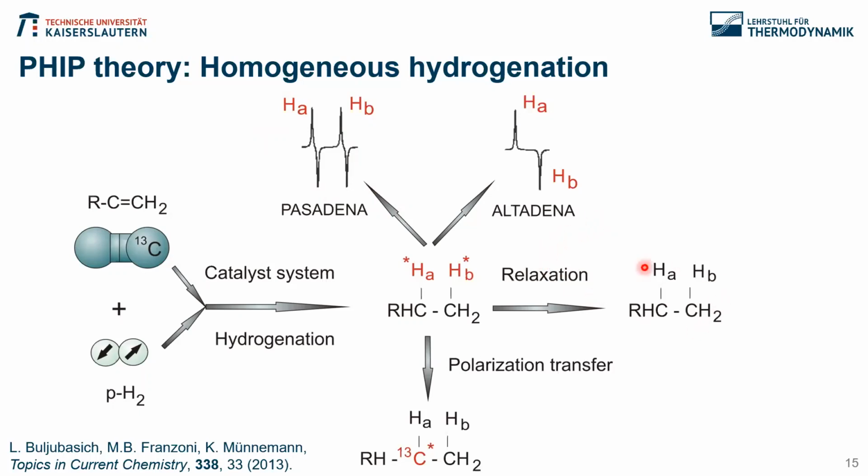Of course, with relaxation, you lose all your hyperpolarization, but like you always do in hyperpolarization methods, you can resume by putting your polarization on nuclei with a longer T1 time, like for example carbon-13, and that you can do by pulse sequences like INEPT, or by level anti-crossings and magnetic field cycling strategies.